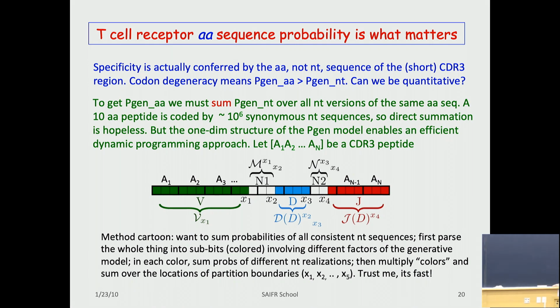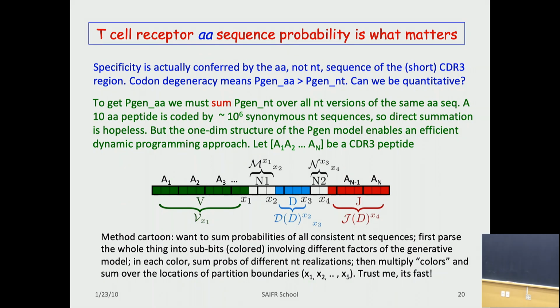Well, that means that I have to be able to, in effect, sum over all of the probabilities of generating all of the nucleotide sequences that give you a particular set of amino acids. Because of the degeneracy of the genetic code, and because we're talking about things that are some non-trivial number of residues long, that ambiguity becomes very, very, very large.